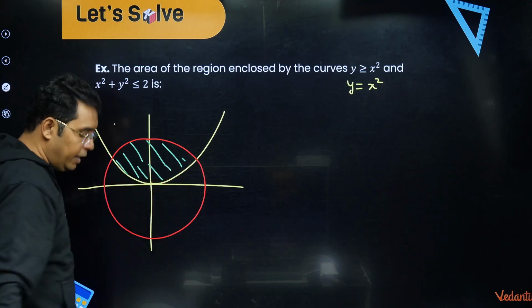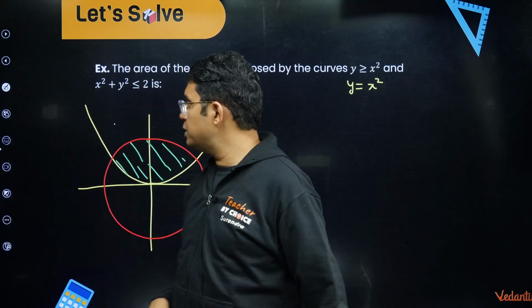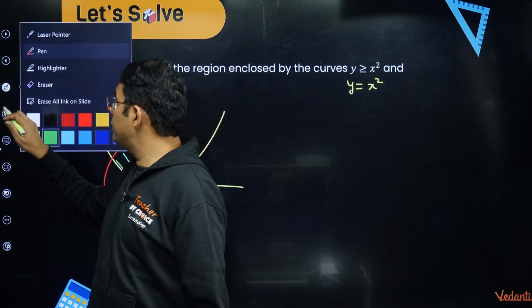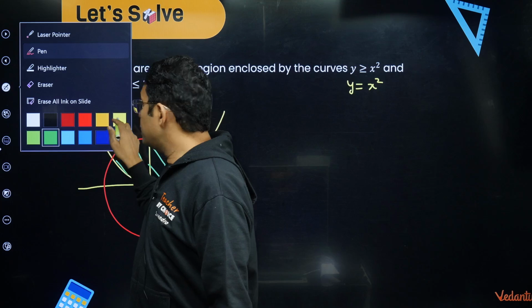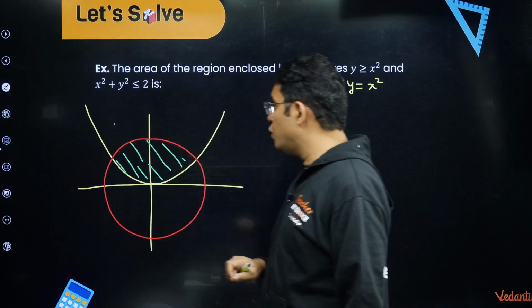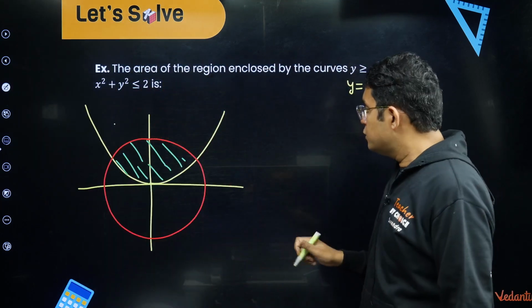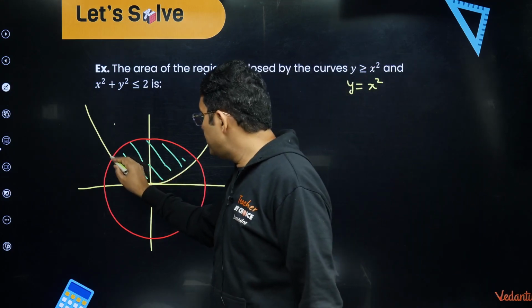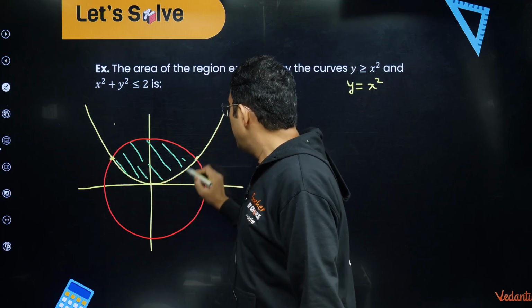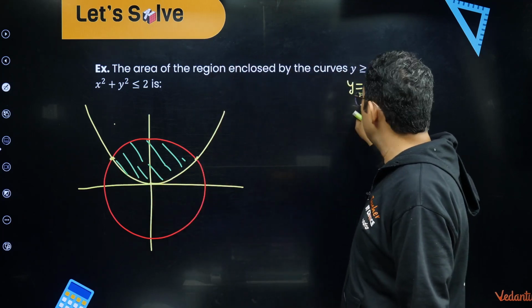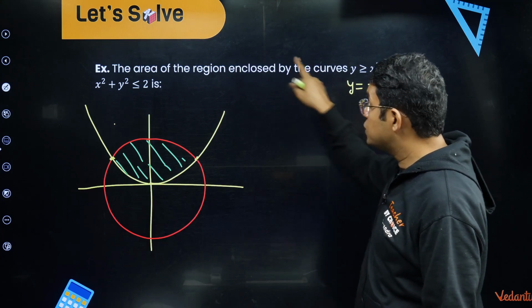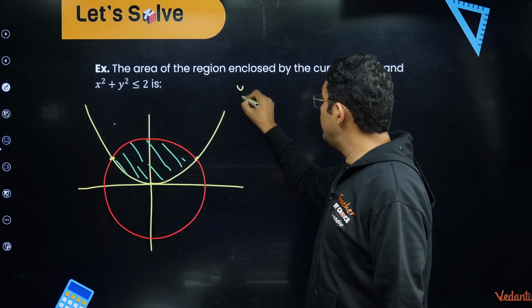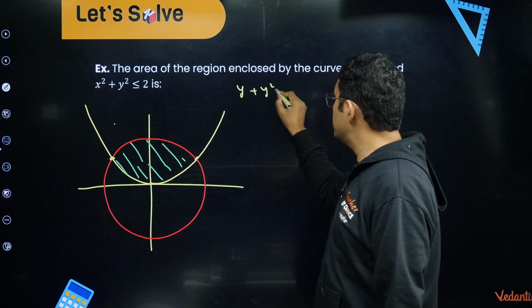Now I would like to tell you two methods of this question, one by integration and one without integration. But for that, without integration, you need to know certain things. So first of all, by integration, I think we will require this point and this point. Very simple calculation: if you put x square equal to y here, we will get y plus y square is equal to 2.